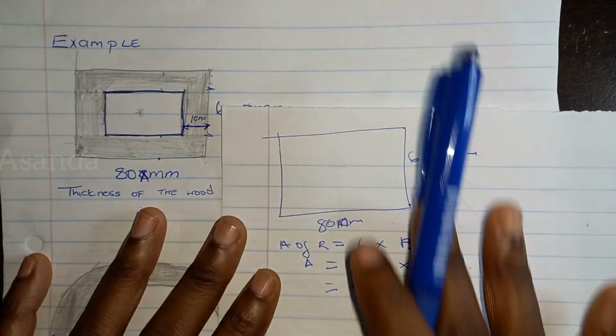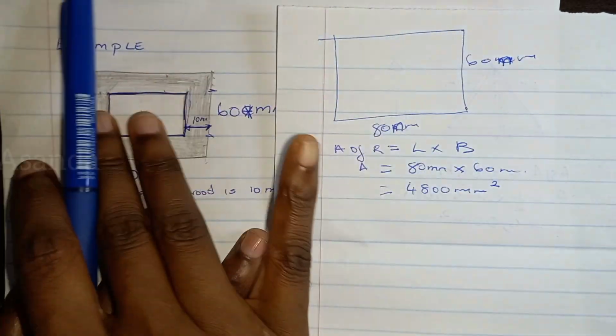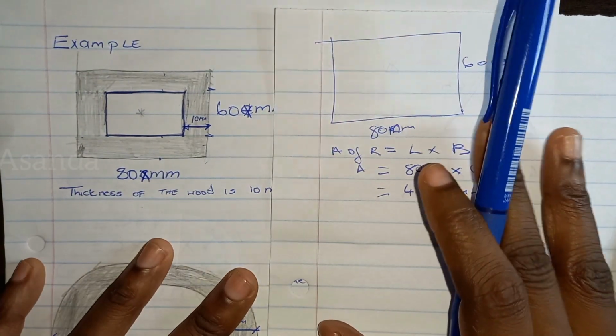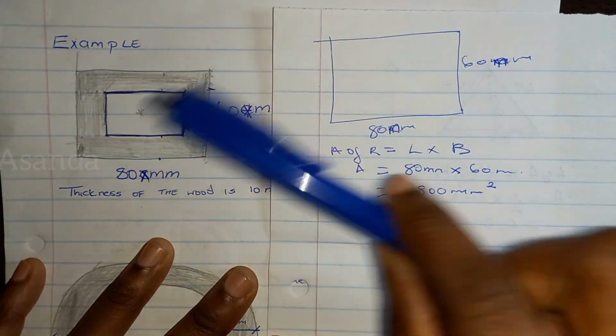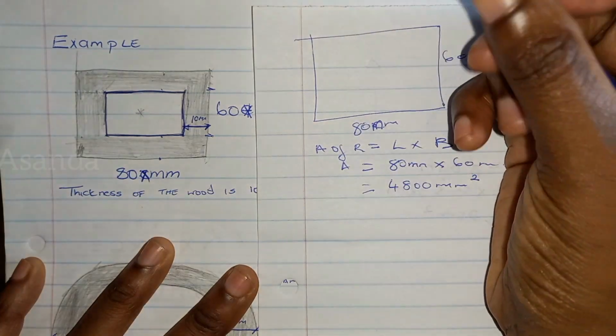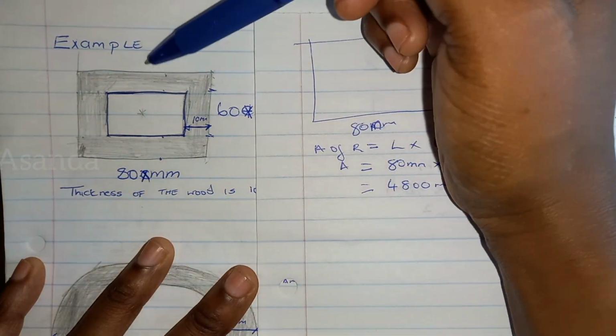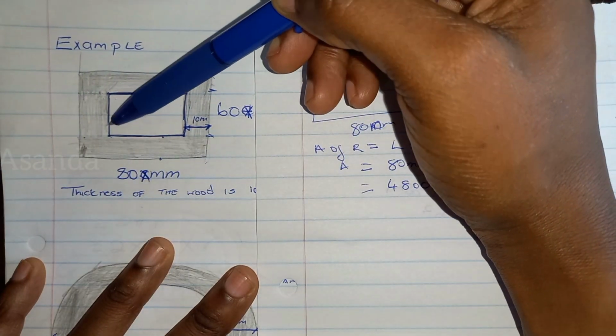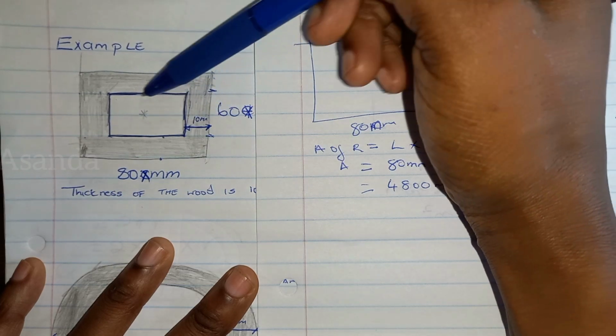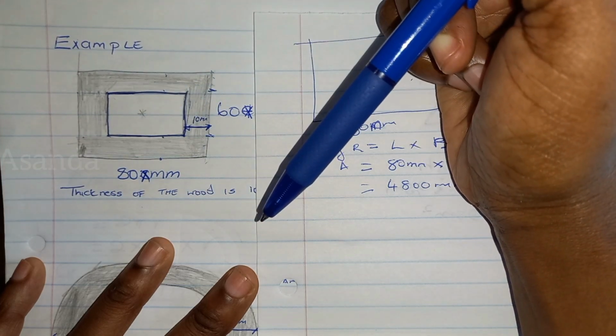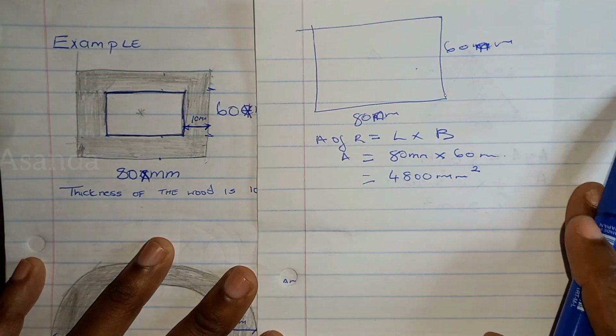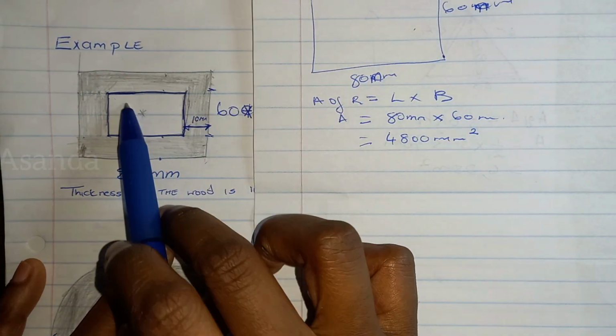Okay, so now if the question had said calculate the area of the whole rectangle, the whole frame. What if the question now says calculate the area of the smaller rectangle, right? So what we would do then is we would say, we're not given the measurements there.